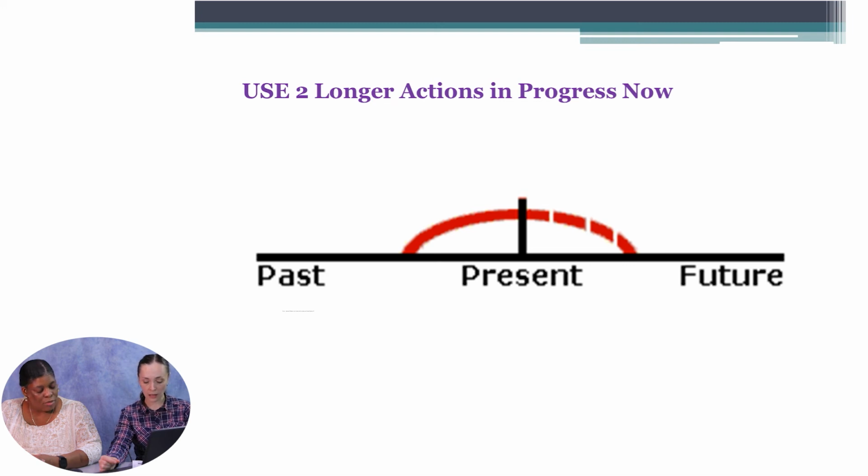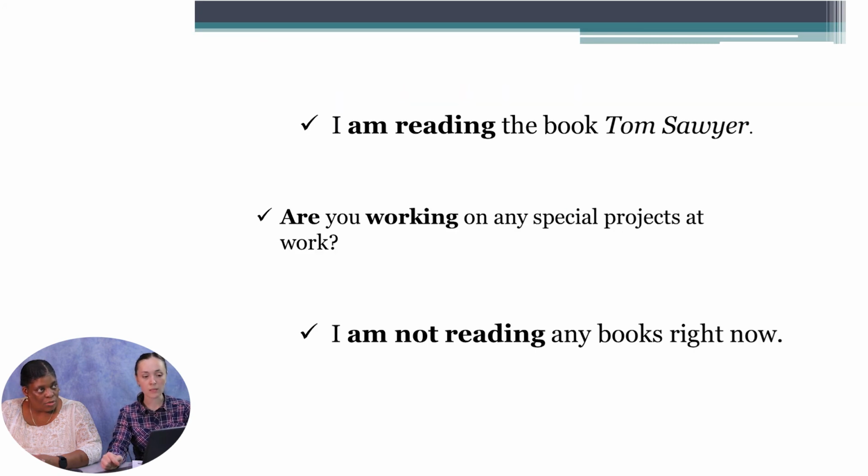However, we might not be doing it at this exact second. And the examples. I am reading the book Tom Sawyer. Are you working on any special projects at work? I am not reading any books right now.